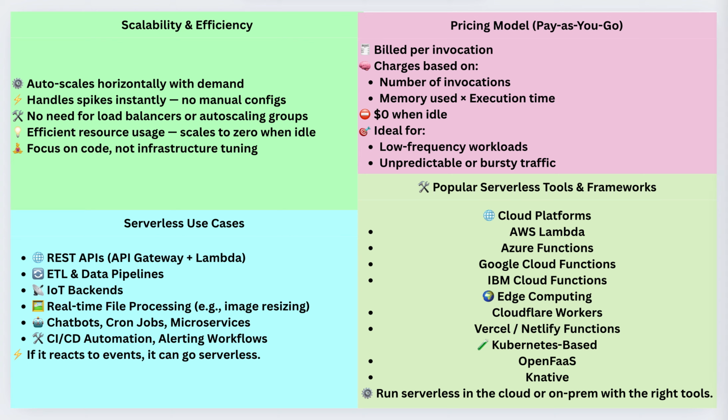Scalability and efficiency. Serverless apps scale horizontally, meaning more instances spin up instantly when traffic increases. Got unpredictable or spiky workloads? No problem. Serverless handles it gracefully without you configuring auto-scaling groups or worrying about load balancers.